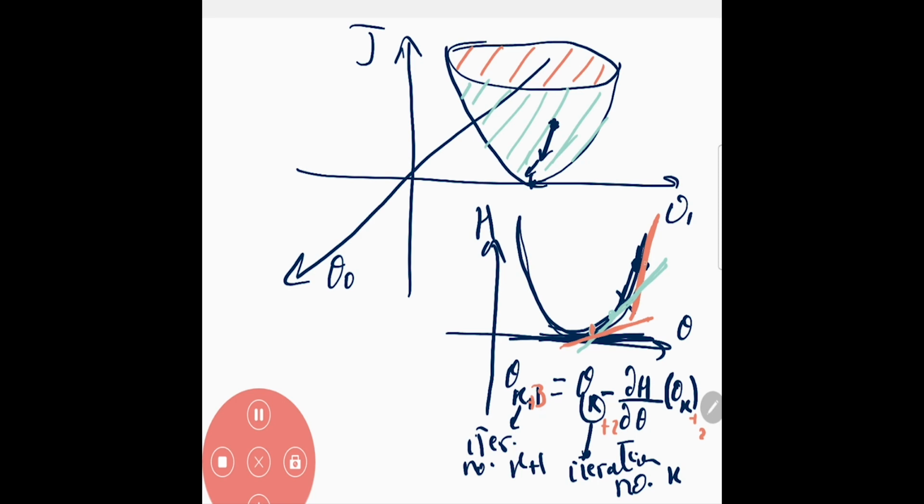Wait, this was theta k plus 1, so this is supposed to be theta k plus 2, I guess. So this is supposed to be 2, and this is supposed to be 1. Right, the numbering doesn't matter. We just understand the concept that we're moving from one iteration to the next.